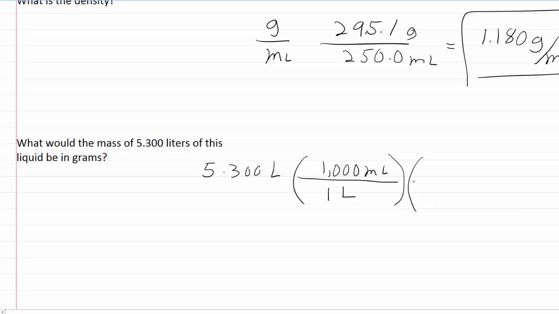And then I can change from milliliters into grams. For this particular material it is 1.180 grams in every 1 milliliter. Now if I do my unit analysis here, my liters divide out, my milliliters divide out, and my answer is going to be in grams. And so this turns out to be 6,256 grams of material.